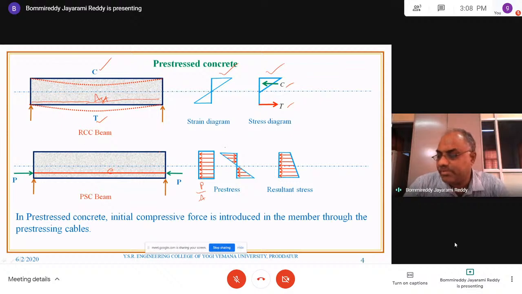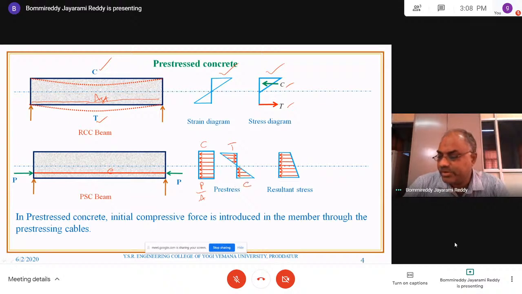And because of the eccentricity, bending stresses will also be induced because of the pre-stress. So it is totally compressive, and that will be tensile at the top and compressive at the bottom.